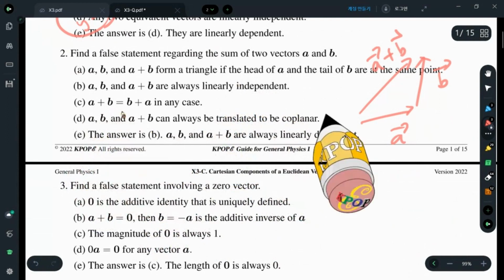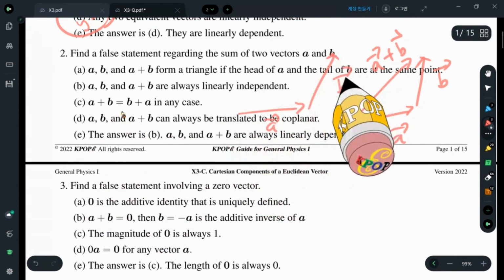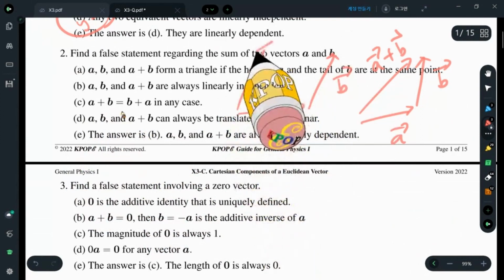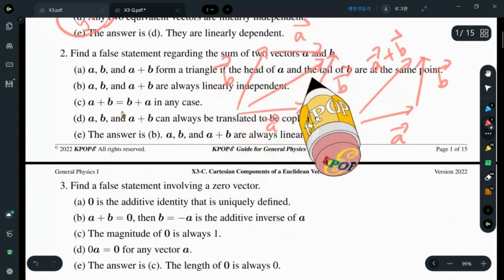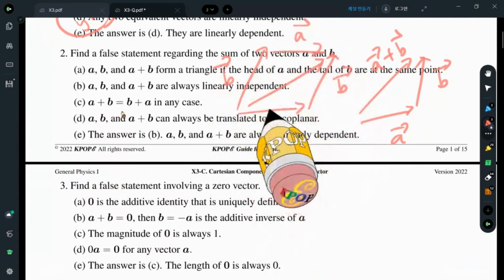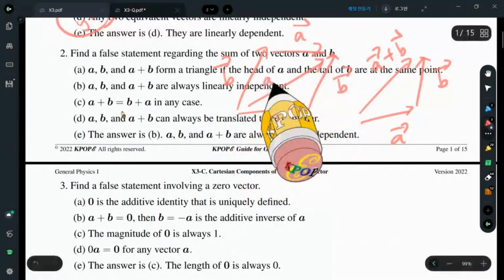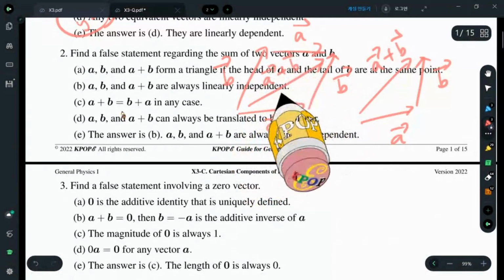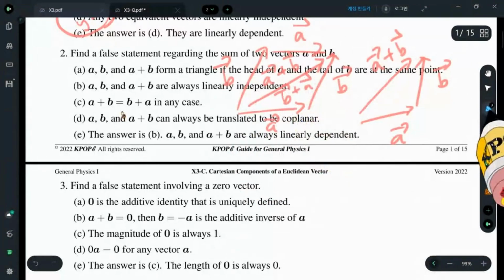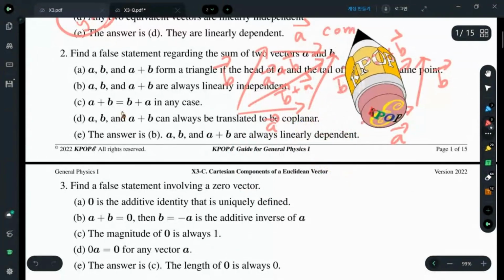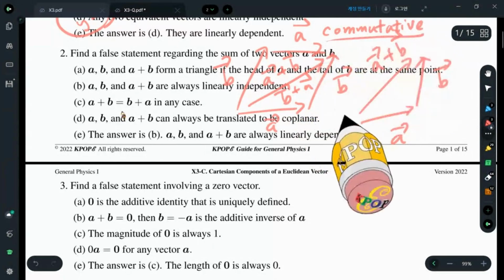A plus B, and B plus A. They make a parallelogram. So this diagonal is the same. Say this is either A plus B or B plus A. So mathematicians say it is commutative.